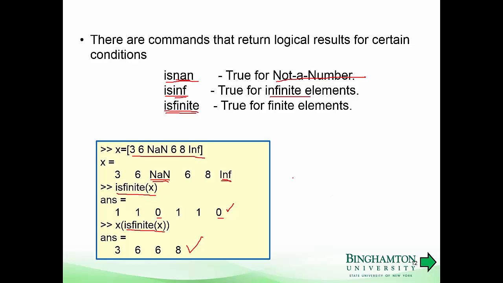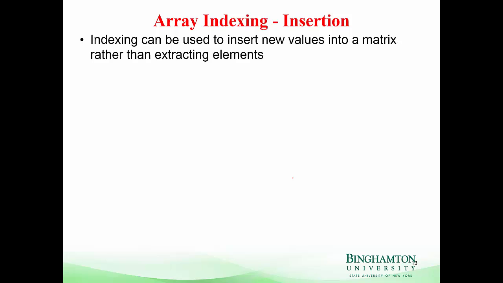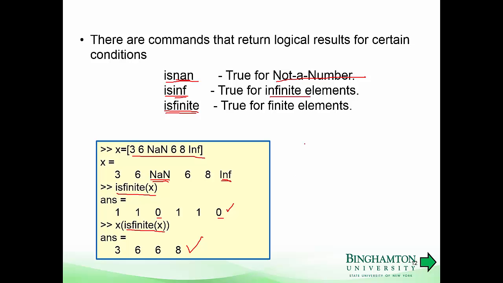Like I said, there are other ones that you can use that are similar to this. So we've been talking about pulling things out of matrices. We'd like to put things into matrices sometimes, and indexing can be used to do that. But when we're pulling stuff out, usually the indexing happens on the right side of an assignment. So let me back up here.